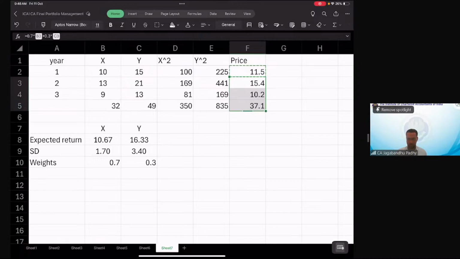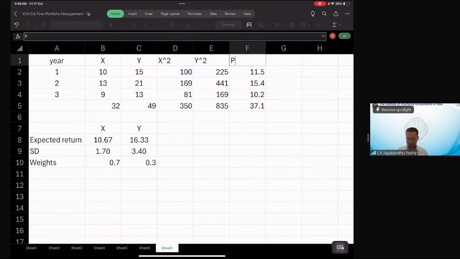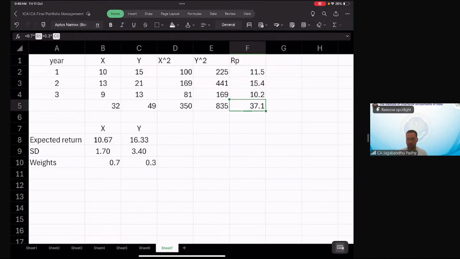Okay. So this is return of the portfolio. So these are the portfolio returns that we have, the expected portfolio returns for each of the past years, historical portfolio returns. So now I'll take a summation of this.